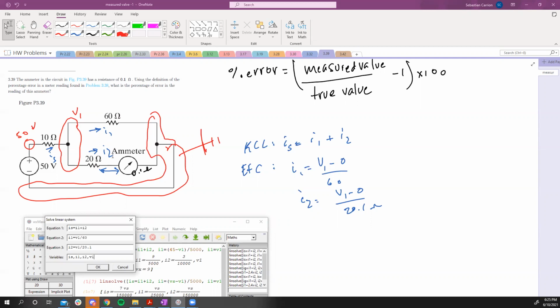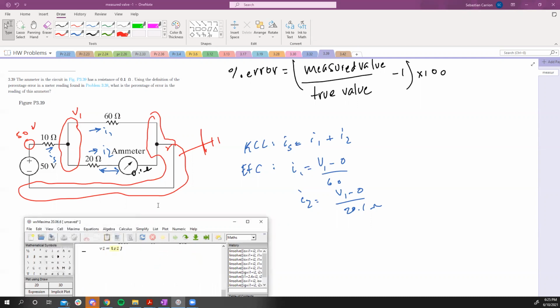Oh, we forgot one equation. So we can just write it here: IS is equal to 50 minus V1 over 10. I believe that should fix it.